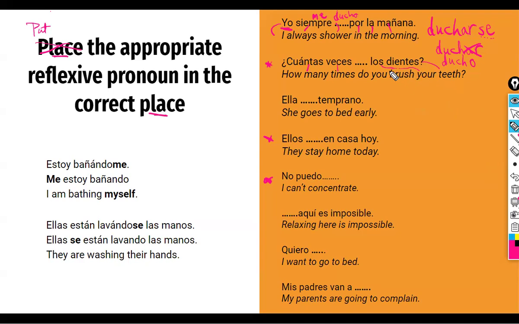All right. So what verb are we using? I'm going to give you two choices. I'm going to give you cepillarse, and then sometimes I have seen lavarse. Right? So what do you think goes into the blank here?